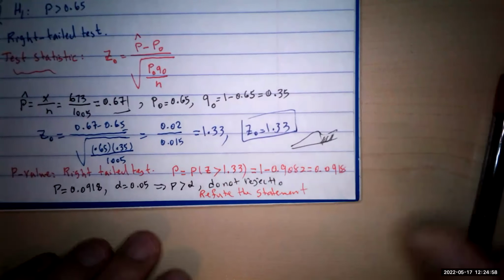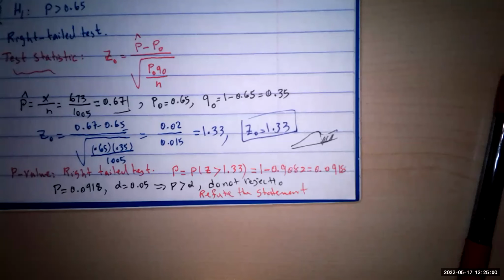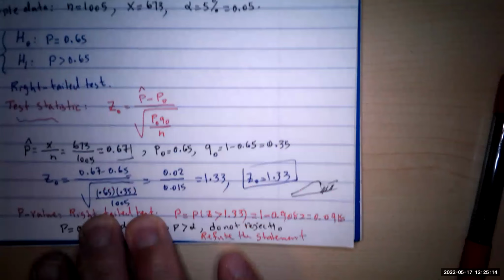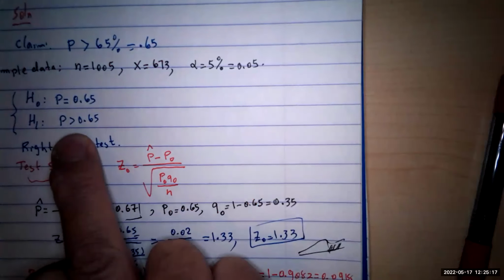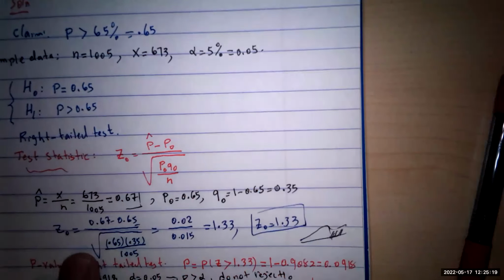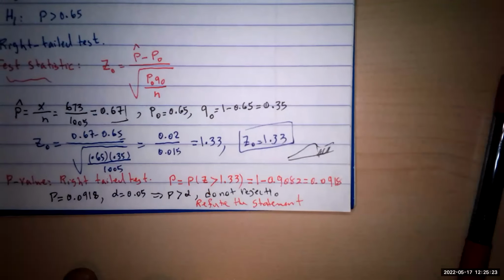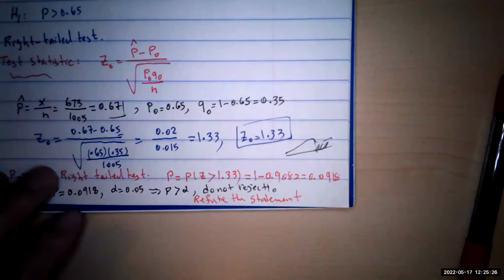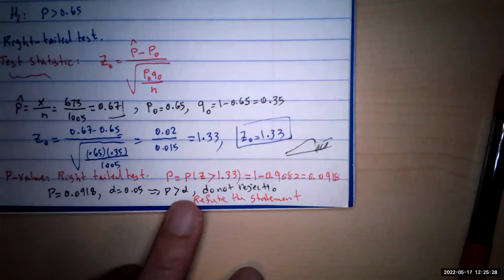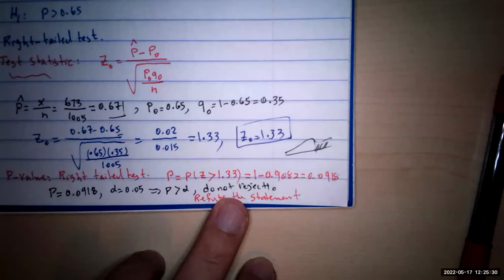Okay, do not reject the H naught means there is sufficient evidence to believe otherwise, that the proportion is greater than 65%, that the H1 is correct. Actually, no: do not reject the H naught means you like the H naught, that's it.